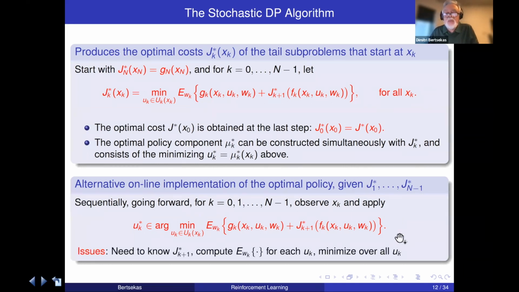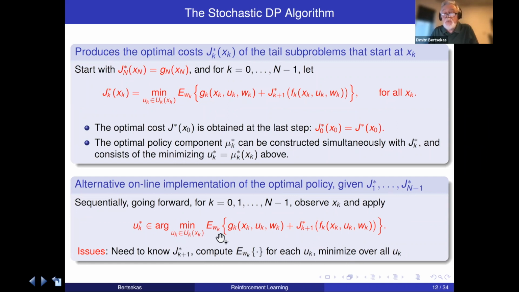But the fly in the ointment here is that there's a lot of computation still. We need to know the J stars. Even if we know the J stars, there's an issue with computing this expected value. Depending on the problem, this computation of the expected value can be quite time consuming. And remember, it has to be done for every u.